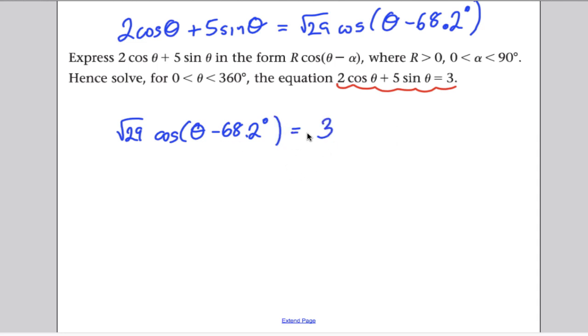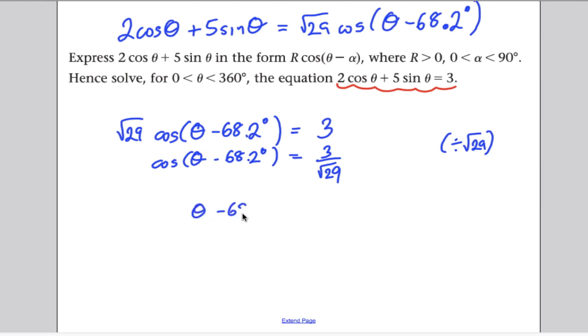So how would you solve something like that? Well, the first thing you do is you divide both sides by root 29. So cos of theta minus 68.2 degrees would be 3 over the square root of 29. And then your principal value, theta minus 68.2, would therefore be the inverse cos of 3 over the square root of 29.